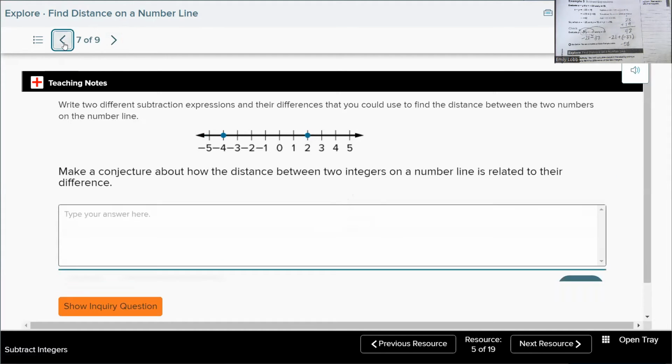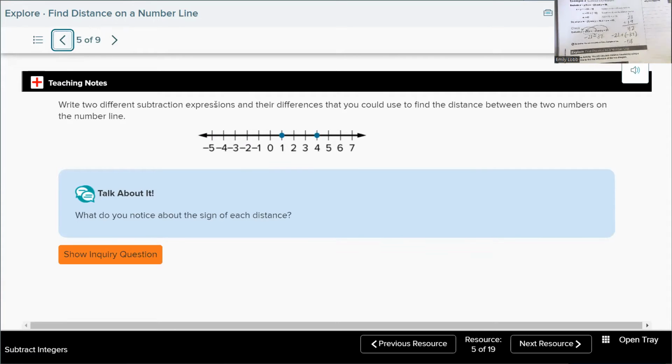So if we go back here, what's the distance between this 1 and this 4? 3. So 1, 2, 3 hops. It takes me 3 hops. But I could think about it the other way too, right? 1, 2, 3 hops to the left. So I could say 4 minus 1, which would give me the 3.